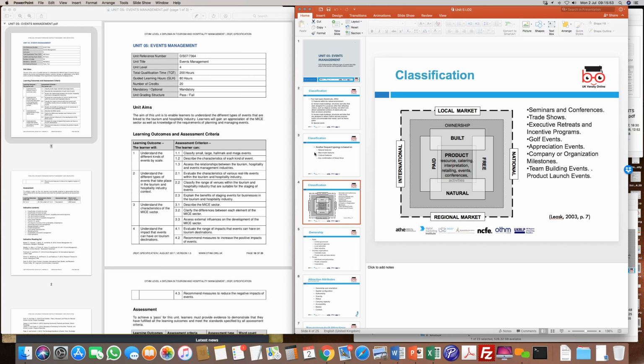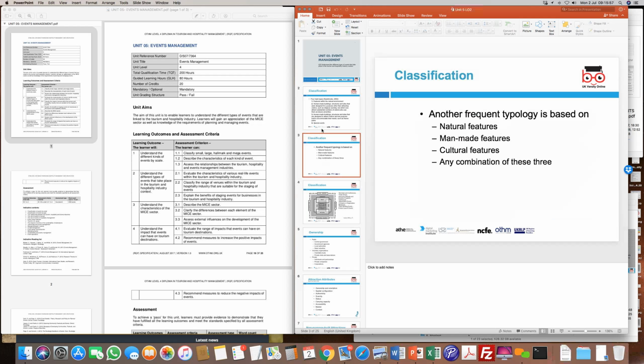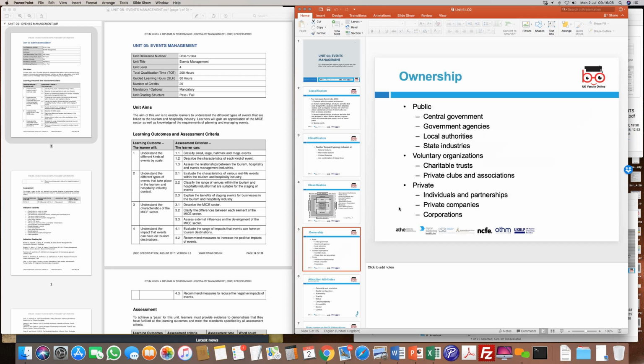But if you look at traditional classifications, we classify the types when you have events because of natural features, man-made features, or cultural features, or a combination of these three. Now, if I throw this into the context of ownership, the last slide talked about paid, free, and natural or built.